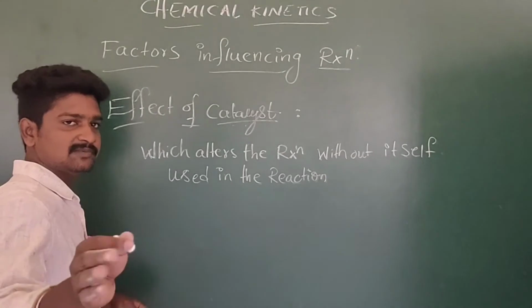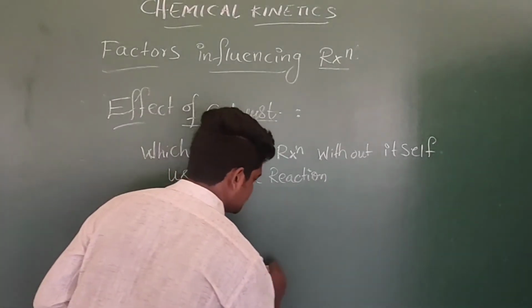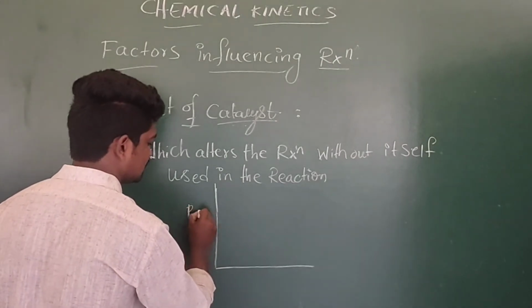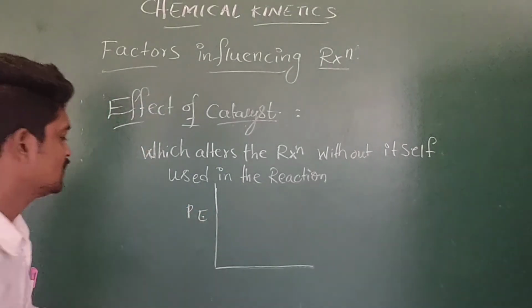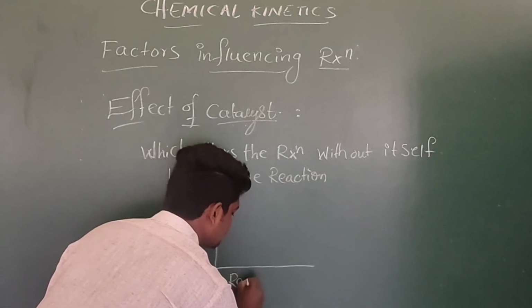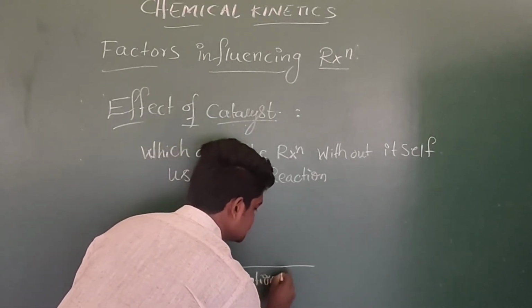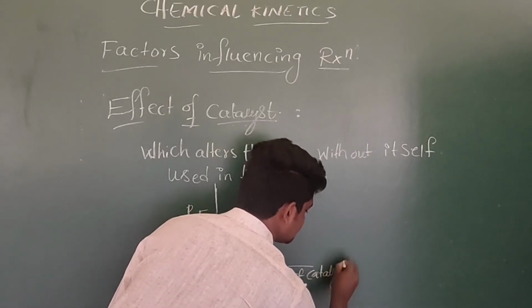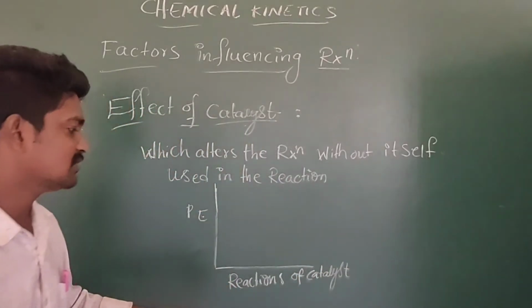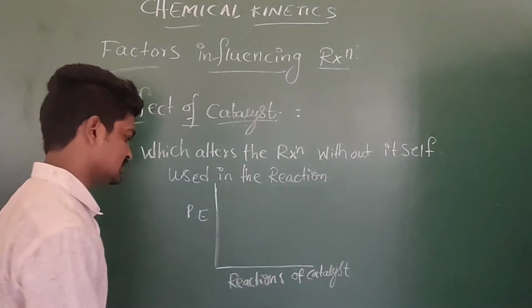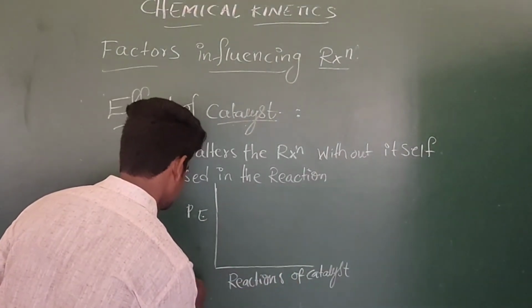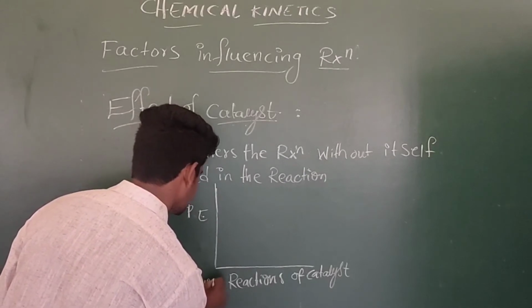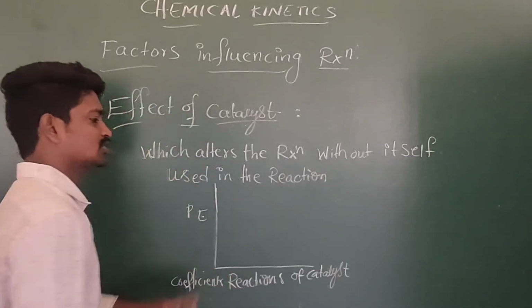So I will explain with a graph. See, so this is the graph of the reaction with catalyst.